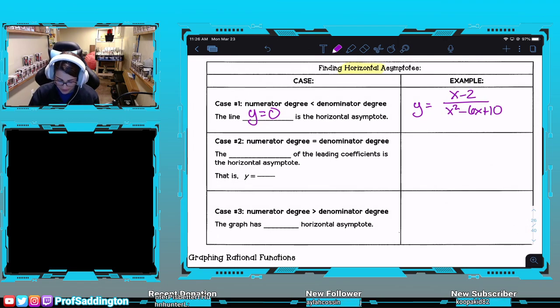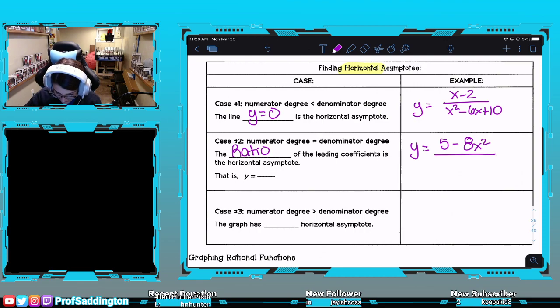Case number 2: the numerator degree is equal to the denominator degree. In this case, the ratio of the leading coefficients is the horizontal asymptote. An example I'll give you is maybe we have (5 minus 8x squared) over (2x squared plus 3x minus 4). I did that on purpose, not written in standard form on top, because we need to make sure we're taking the sign along with it.